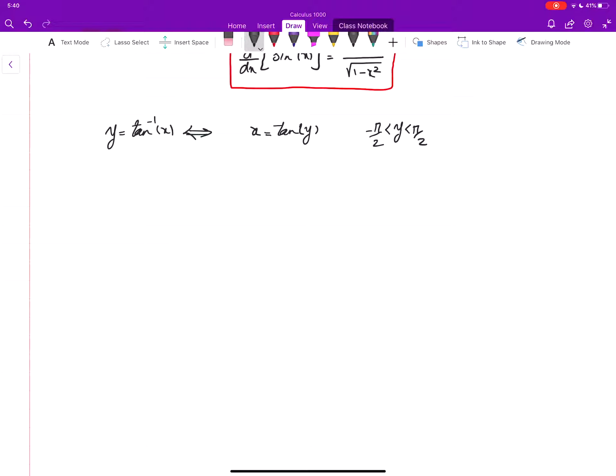Okay, very nice. Here now we have an equation in x and y, and I can differentiate both sides with respect to x.